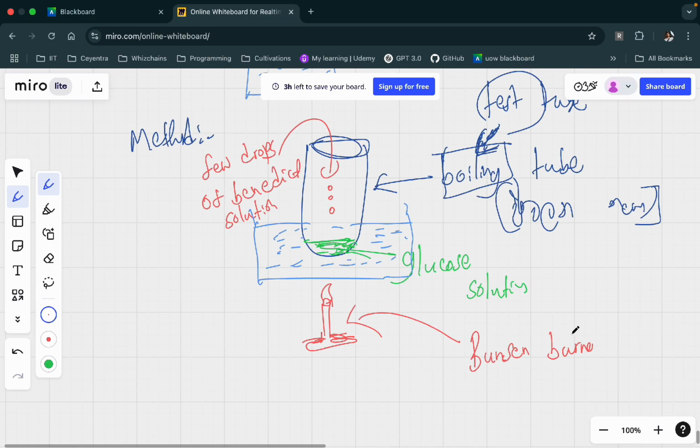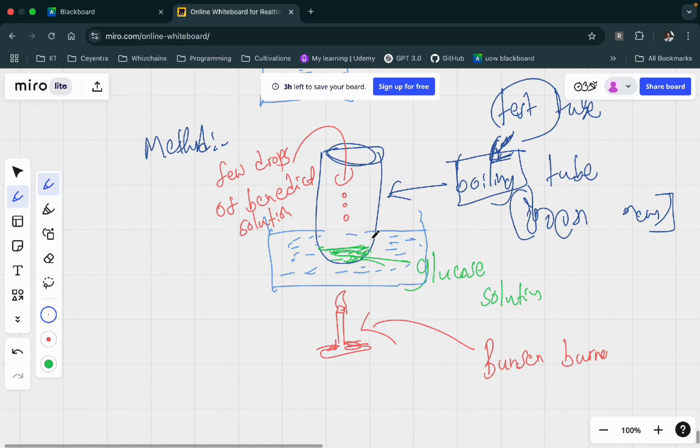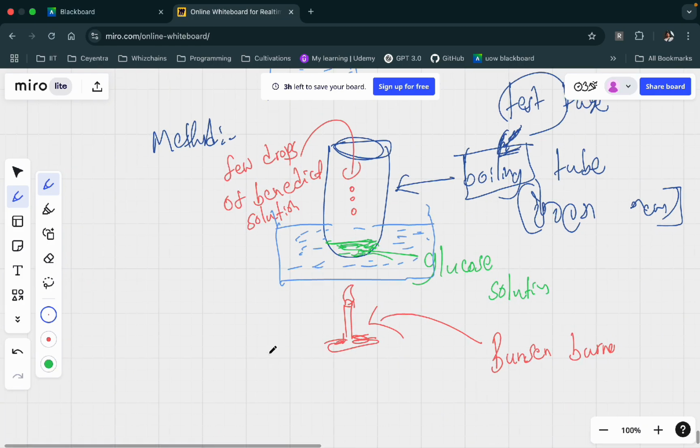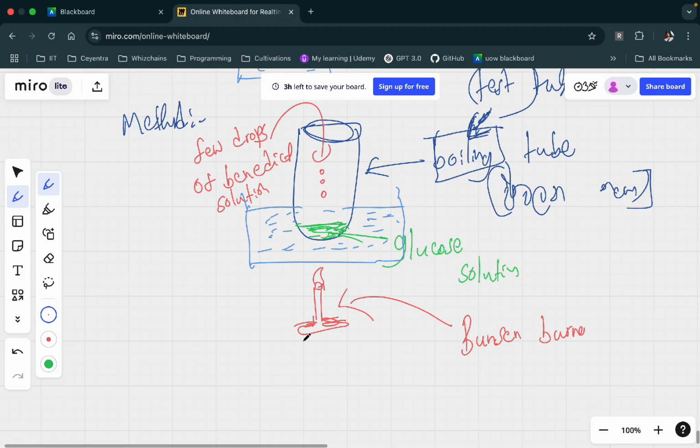We need to put our ignition tube or boiling tube inside our water bath, and then we need to heat it. We need to provide heat. So this is the method how we can conduct our experiment.